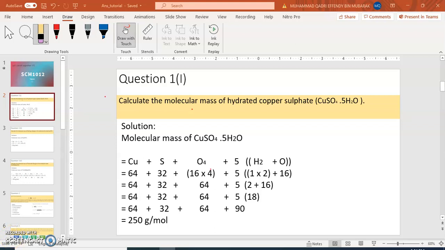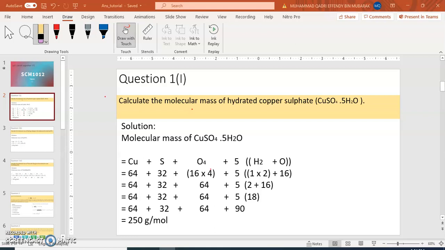Question 1 asks us to calculate the molecular mass of each species given in the question. To calculate all of the species, the concept of mole mass is a must, where we need to know which one to calculate first.